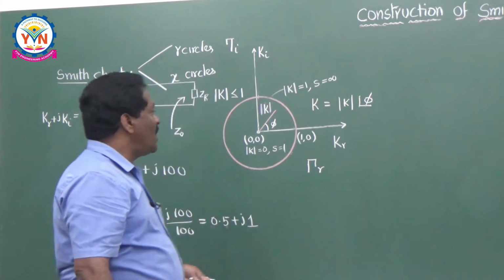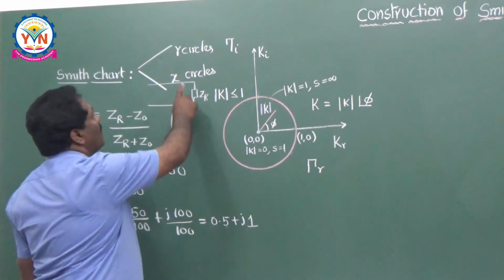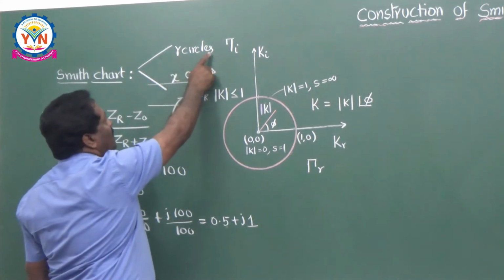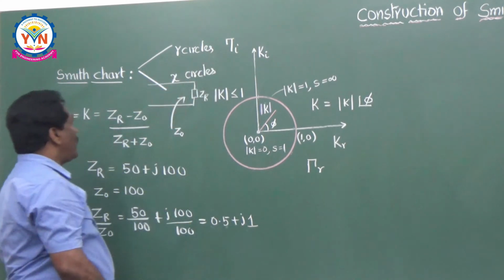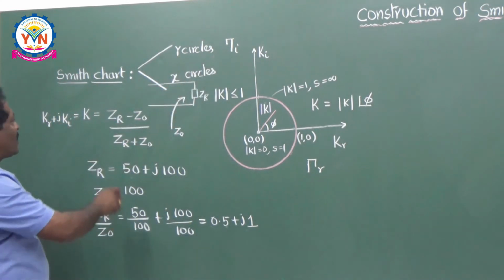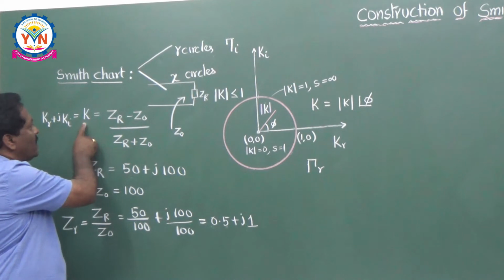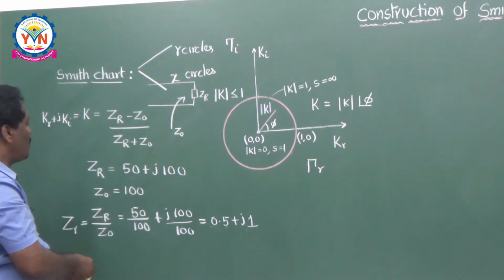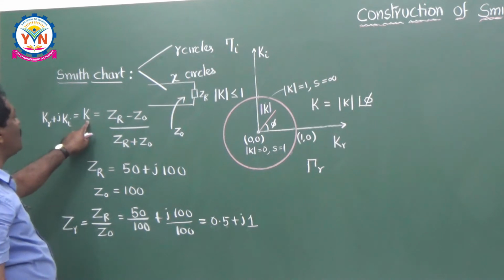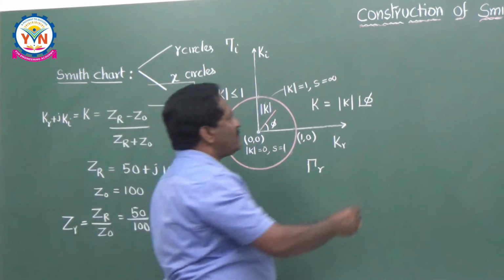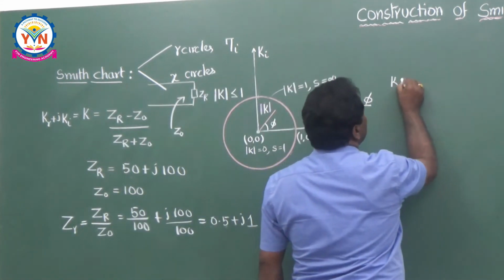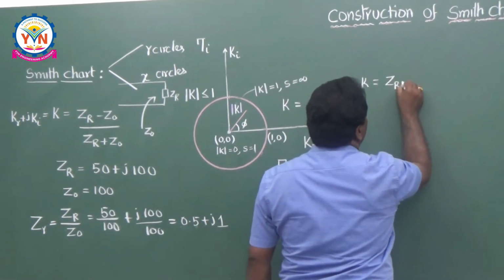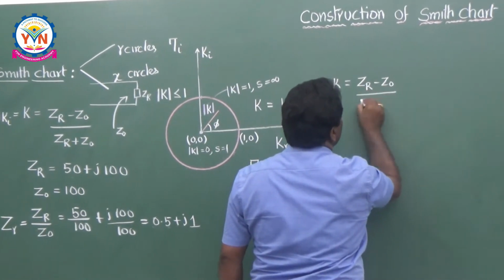So now let us see how to construct these R circles. For getting these R circles, once again I would like to take the reflection coefficient K definition in the normalized format. So just now I told you, K is equal to ZR minus Z0 by ZR plus Z0.